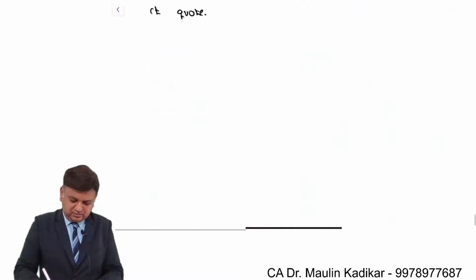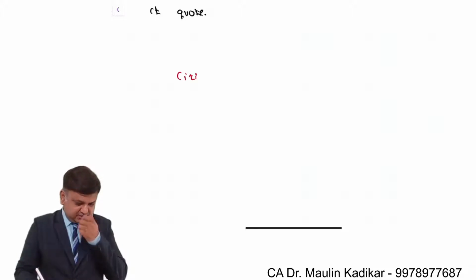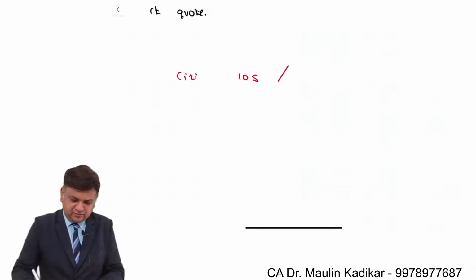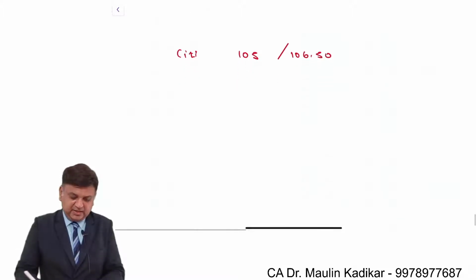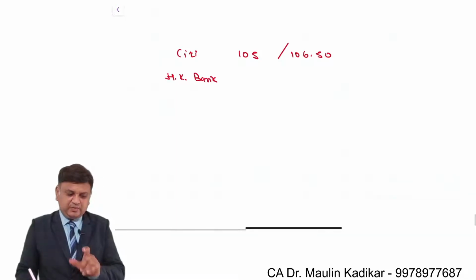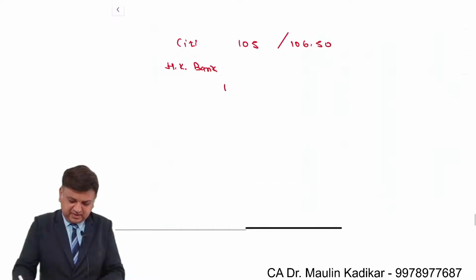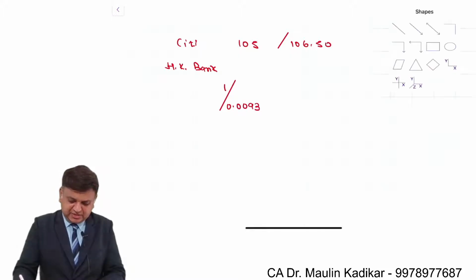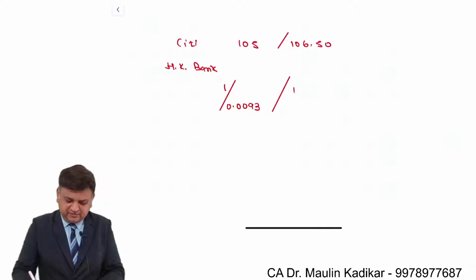So over here, as far as the Citi Bank is concerned, its rate is 105 slash 106.5, it is yen per dollar. For Hong Kong Bank, in order to make the rates comparable, it is 1 divided by 0.0093 slash 1 divided by 0.0090.